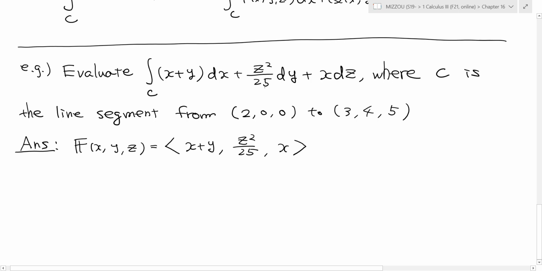All right. But now, like I said for the case of two variables, the key point is to find the right parameterization of the curve C over which you want to integrate. So we need to parameterize.